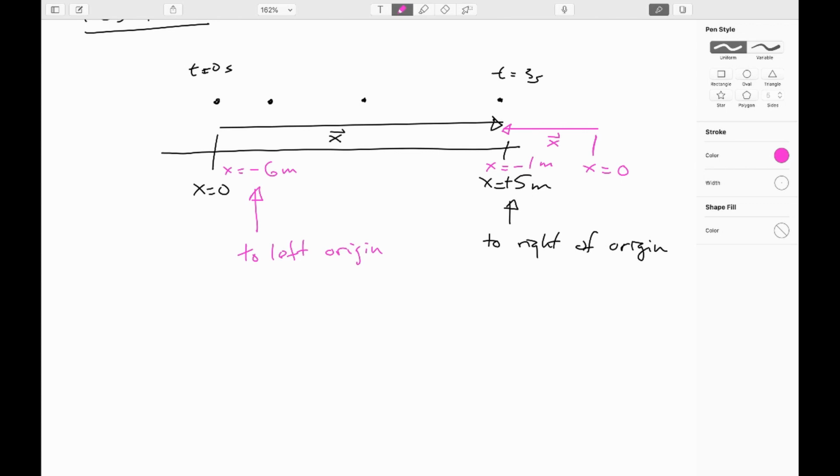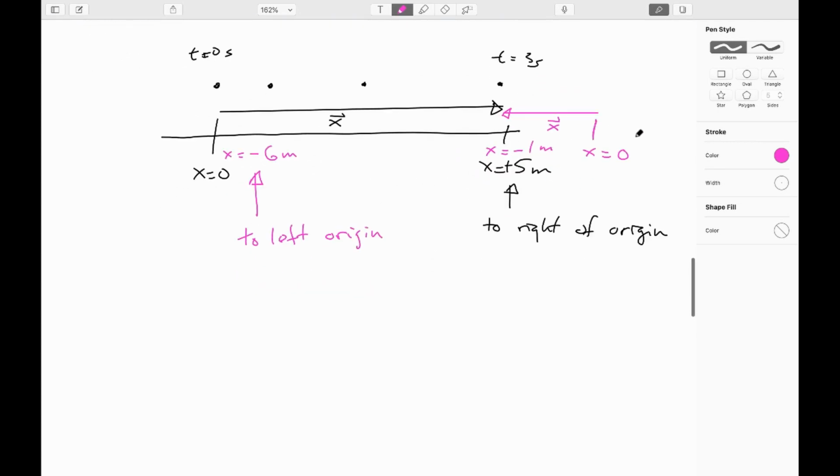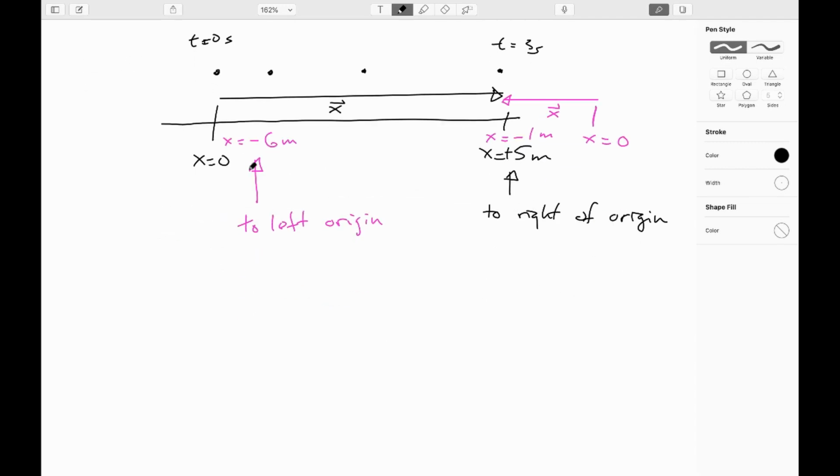So I've kind of implicitly mentioned that we are interpreting plus and minus to mean to the right and to the left. And as far as that goes, that is a standard choice. But in physics, you are free to bend the rules. In math class, they would almost certainly be telling you that you want plus to mean to the right and minus to mean to the left.